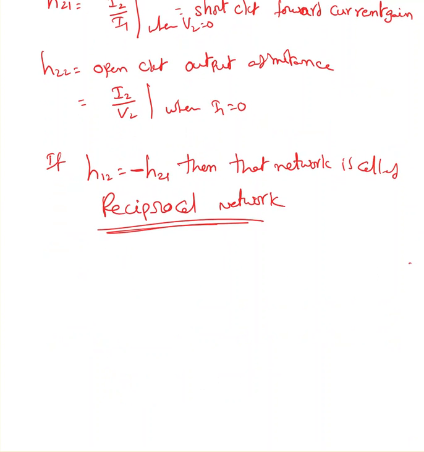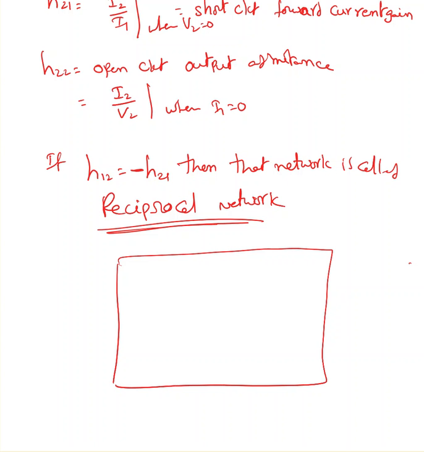Now if we know the h parameters, this is the general equivalent circuit. We know that any network is going to have a black box inside, and here is v1, i1. Here also always take i2 as entering, with v2.